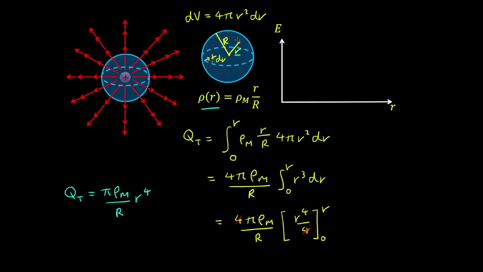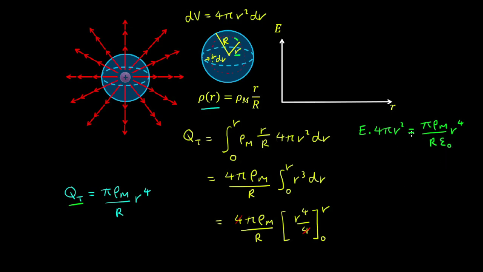So now applying Gauss's law, and because the electric field is constant across that surface and always perpendicular to the surface, we can multiply the electric field by the surface area, and that's equal to the enclosed charge inside that surface, which is given by this function. So we have pi rho m on r by r to the 4, and we divide the total enclosed charge in that surface by the permittivity of free space.